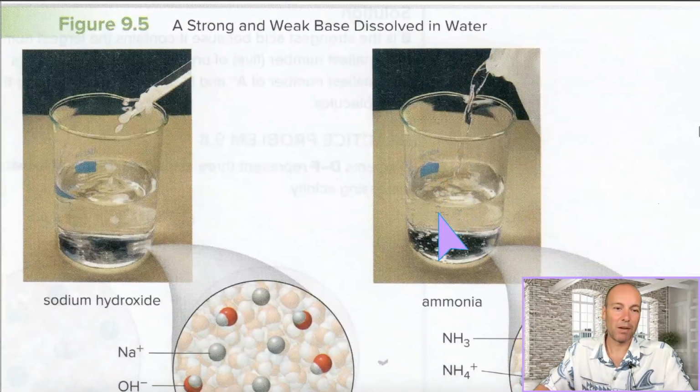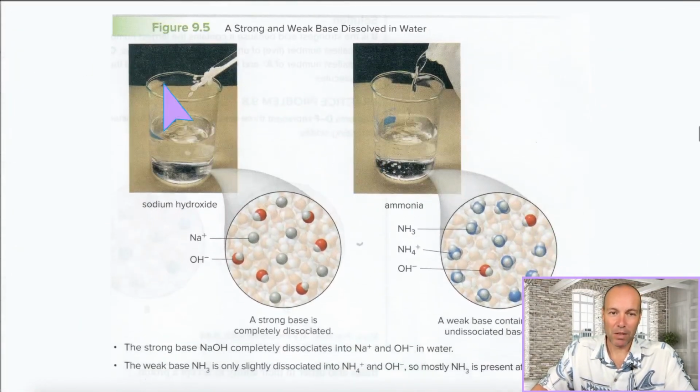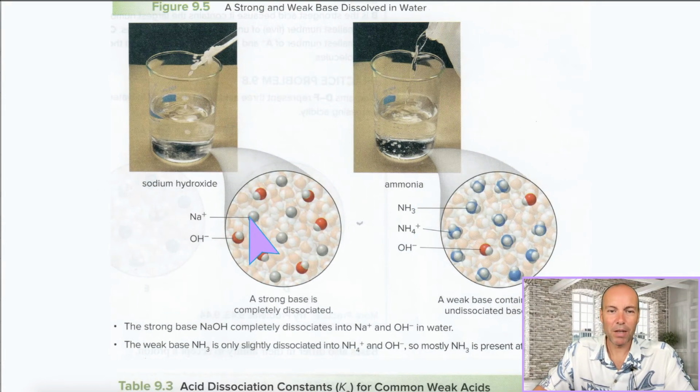And if you want to compare, say, a solution of sodium hydroxide versus a solution of ammonia, well, with the sodium hydroxide, all you'll see in the water are the sodium ions and the hydroxide anions.